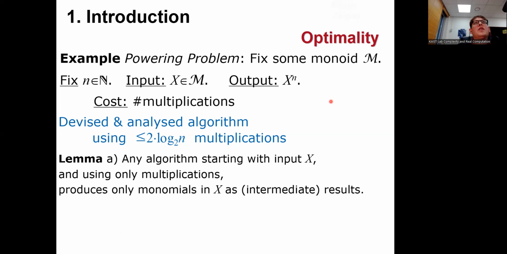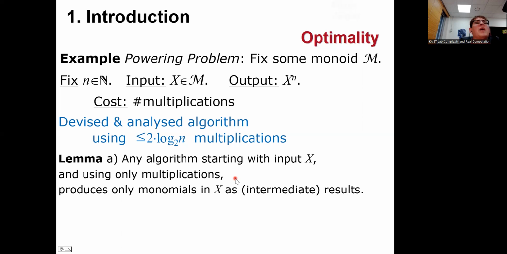So it can, for example, not produce polynomials because it's not allowed to use additions. It cannot produce inverse monomials because it's not allowed to use division. So this statement is easy to prove by mathematical induction.